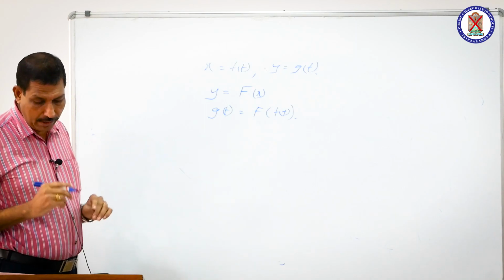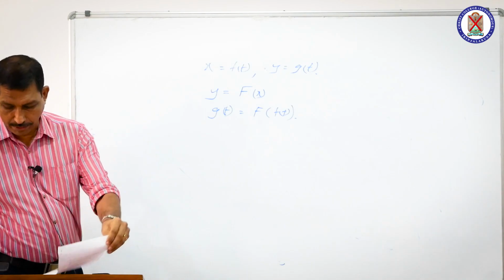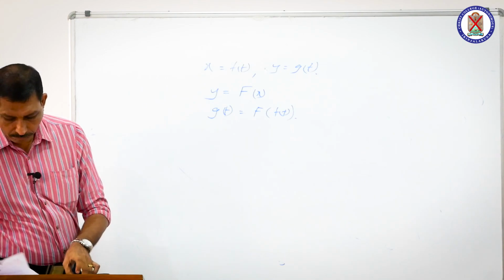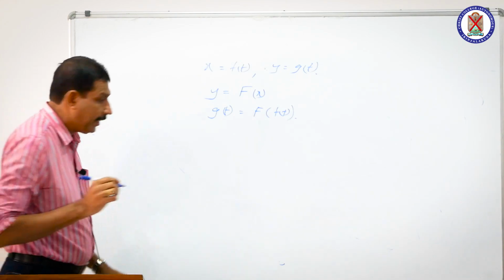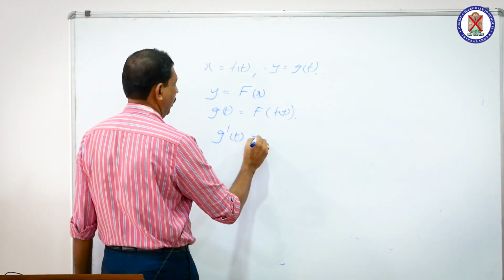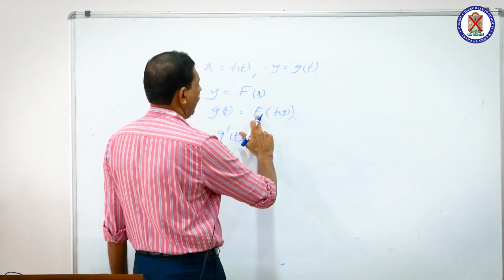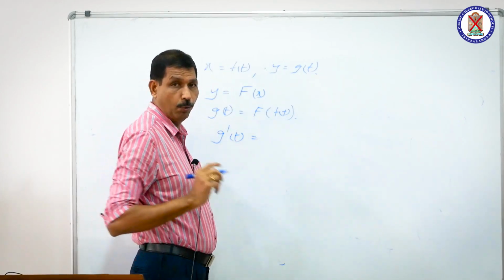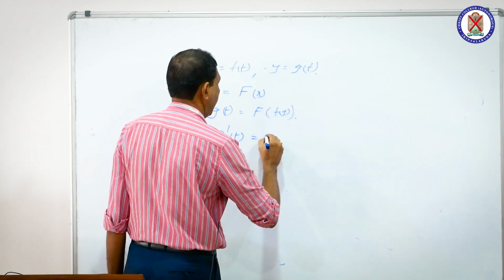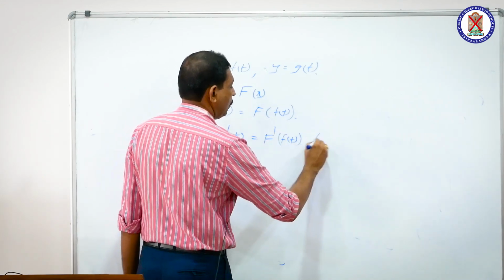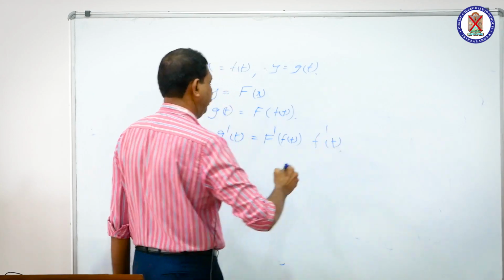Now, differentiating this entity, we will get g dash t equal to, here it is a function of a function, so we have to use the function of function rule. This is f dash of f of t into small f dash t.